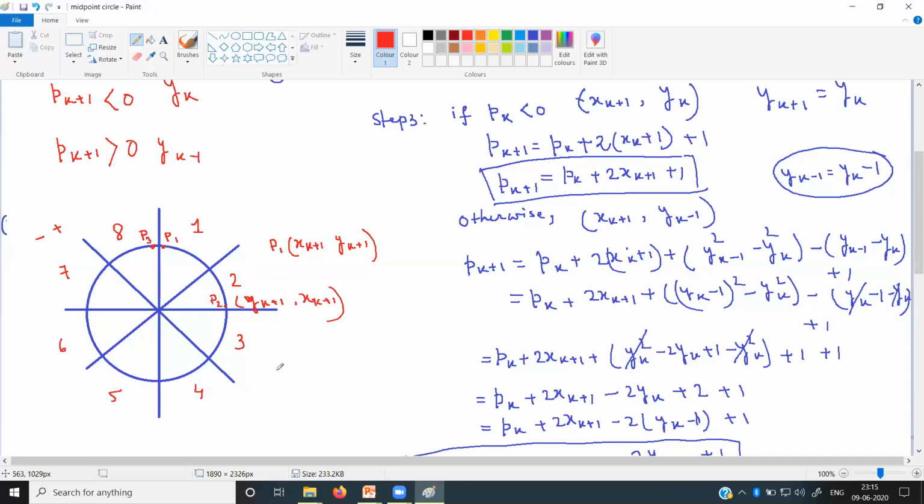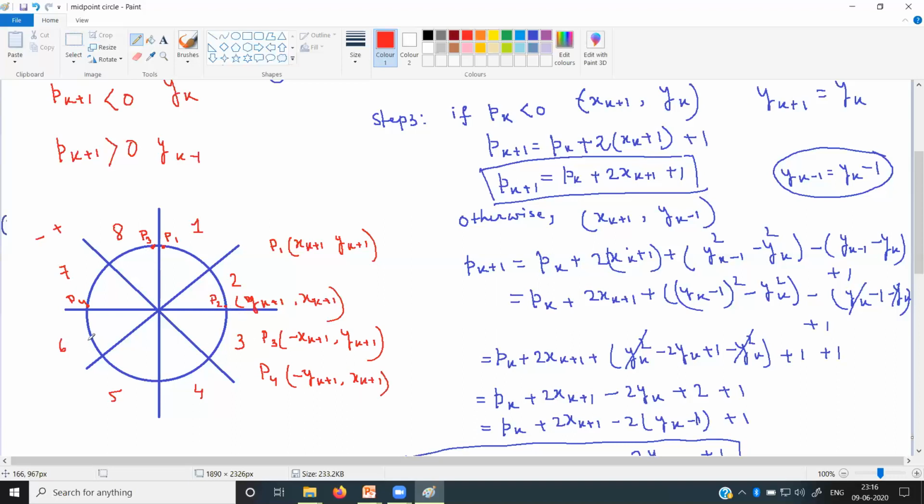Say it is P3. The point P3 will be minus of xk plus 1 comma yk plus 1. Then the next point is just the mirror image. Let's say it is P4. The point P4 will be minus of yk plus 1 and xk plus 1.